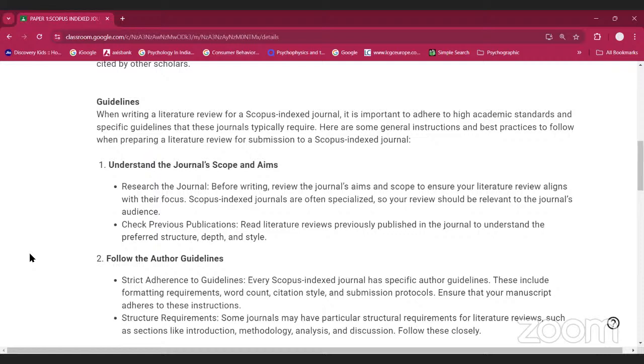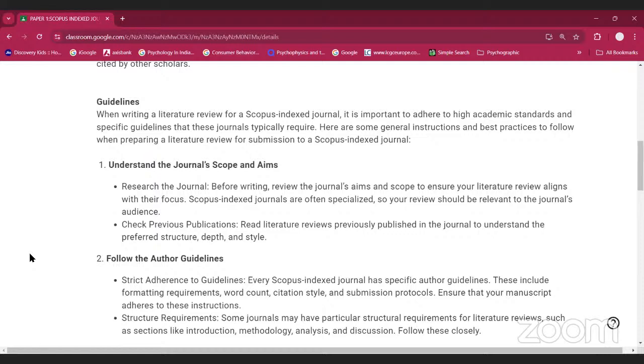So guidelines: when writing a literature review for a Scopus Index journal, it is important to adhere to high academic standards and specific guidelines that these journals typically require. Here are some journal instructions and the best practices to follow when preparing a literature review for submission to Scopus Index journal. First, understand the journal's scope and aims.